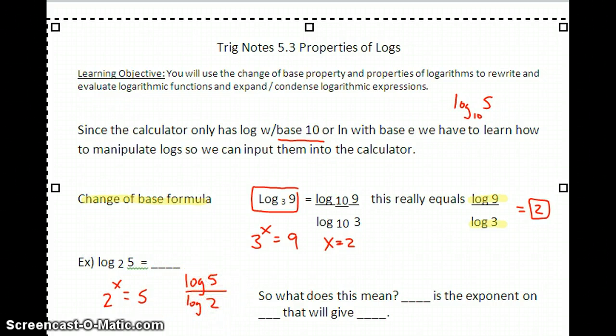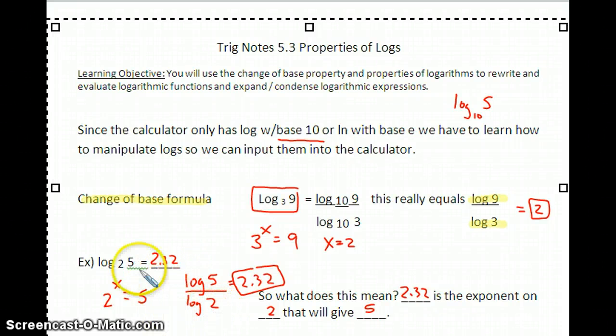Log of 5 divided by log of 2 in the calculator gives me 2.32. So 2.32 is the exponent on 2 that results in 5. Now it's not going to be exact because I've rounded that, but it's going to get me as close as I possibly can.